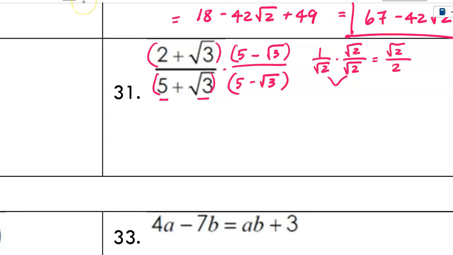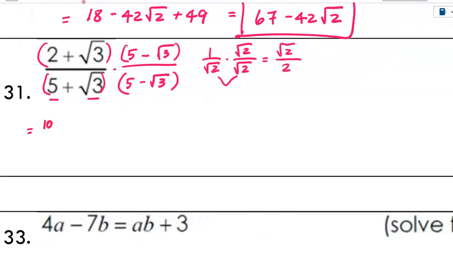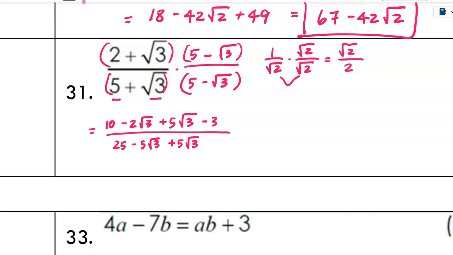Okay. And then let's go ahead and multiply. We have a 10 and a minus 2 to the square root of 3 plus 5 to the square root of 3, and then a minus square root of 9, which is 3. We have 25, and then minus 5 to the square root of 3, and plus 5 to the square root of 3, and a minus square root of 3, which is a 3.